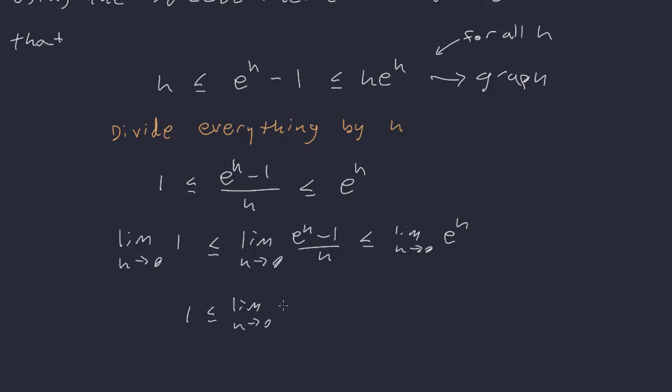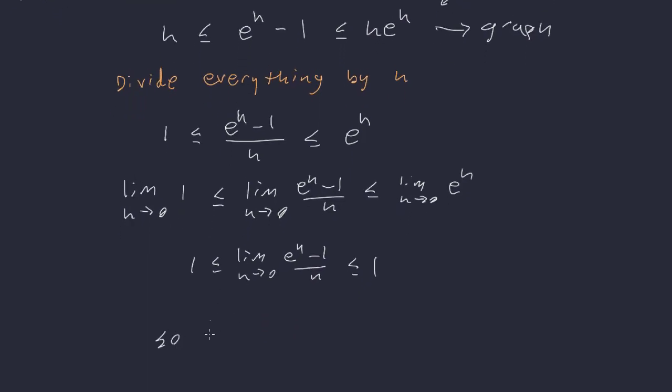We'll leave this alone. This is just the limit as h goes to 0 of e to the h minus 1 all over h. And then the limit as h goes to 0 of e to the h, well, that's going to be e to the 0, which is 1. So this tells us that the limit as h goes to 0 of e to the h minus 1 all over h is 1.